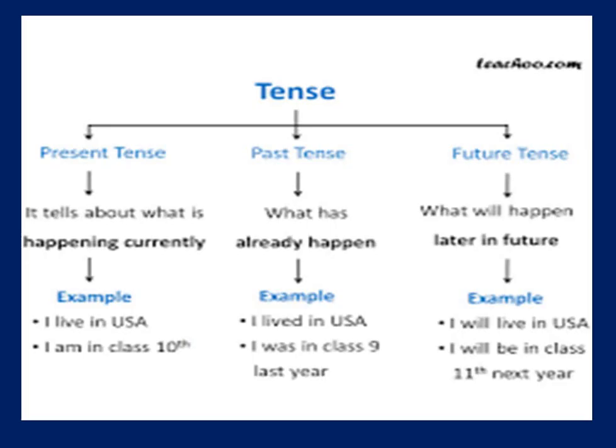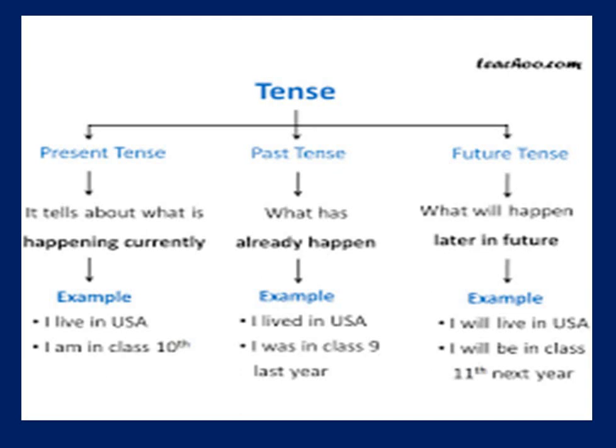As in this chart in front of you, you can see present tense tells about what is happening currently. For example, I live in USA, presently, present situation. I am in class 10th, present situation. Now I move further. Past tense means what has already happened.